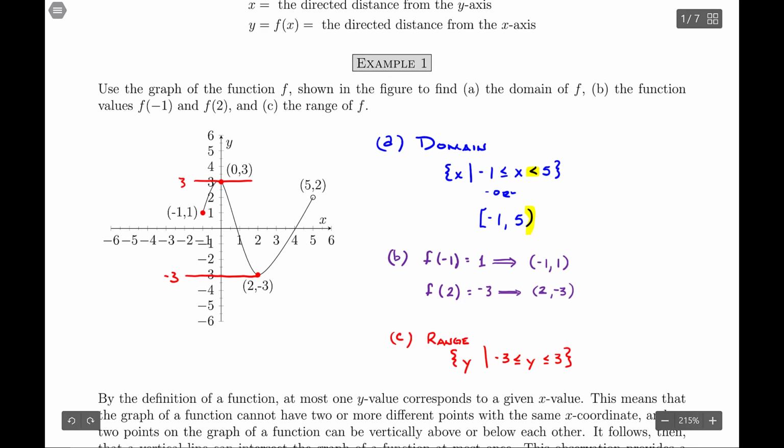Or you could say, in interval notation, [-3, 3], with square brackets around each of those, because of the closed circle at -3 and the closed circle at +3. So that's how you graphically determine a domain and range, or how you graphically evaluate a function at a given point.